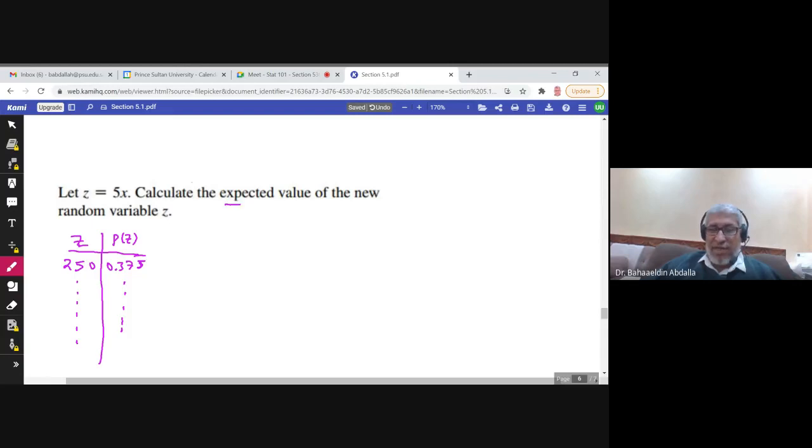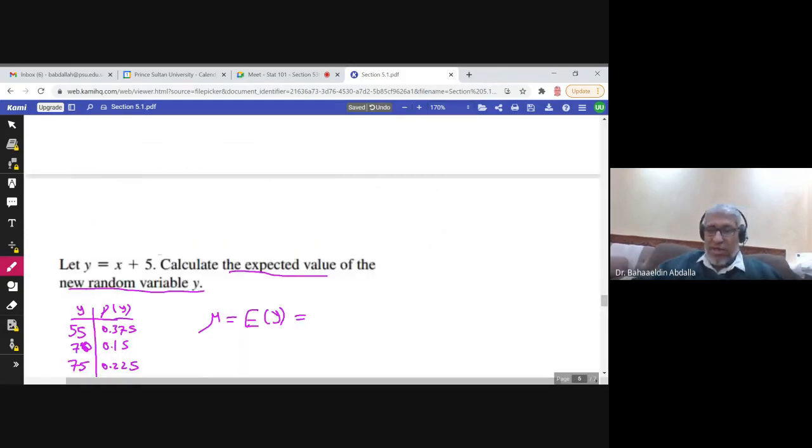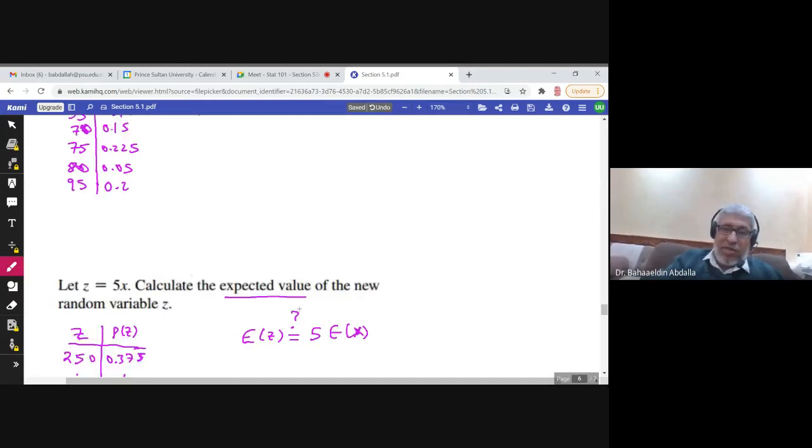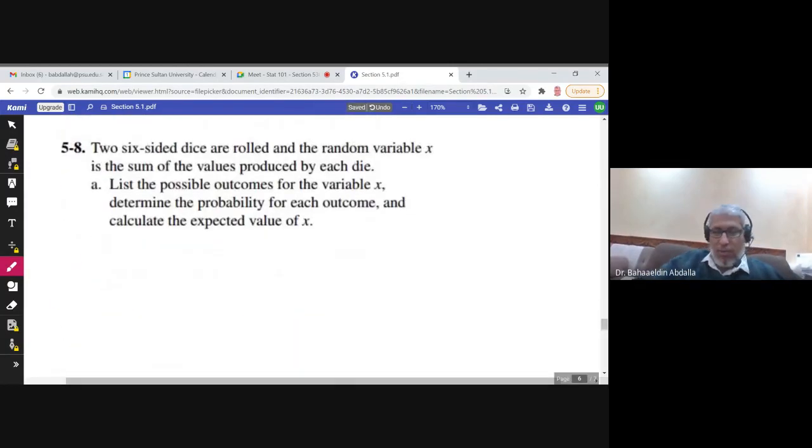And find the expected value of this random variable, E of z, and check whether it is going to be 5 times E of x. Is it 5 times E of x? Okay, find out and tell me, please. Here, is this E of x plus 5? Okay, check it, please, and tell me whether this is true or not true.